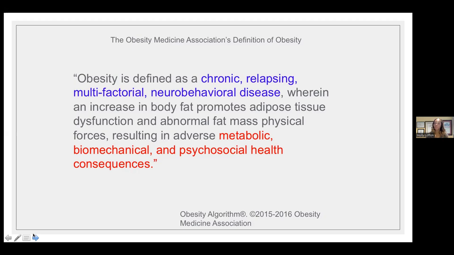The adipose tissue releases cytokines that cause the patient to have other metabolic diseases, such as type 2 diabetes, heart disease, etc. So these are the reasons that we consider obesity as a chronic condition that should be treated very aggressively, because the patient can have debilitating effects, both from a fat mass disease and from the inflammatory effect of the increased adipose tissue.